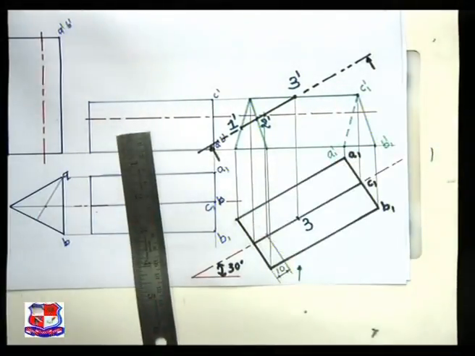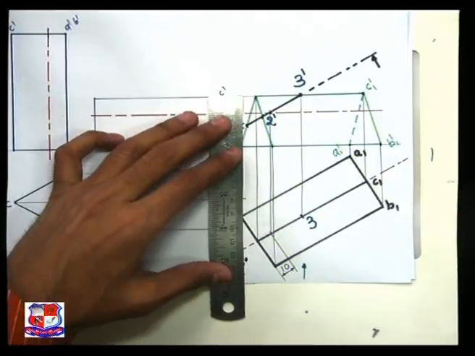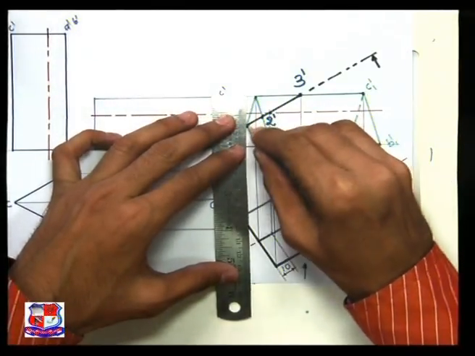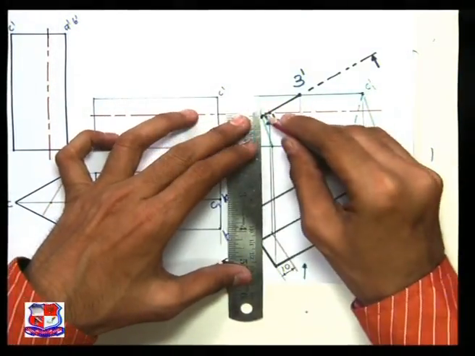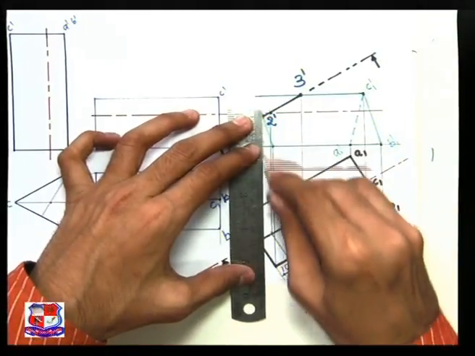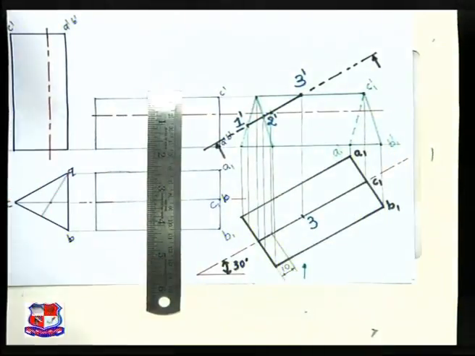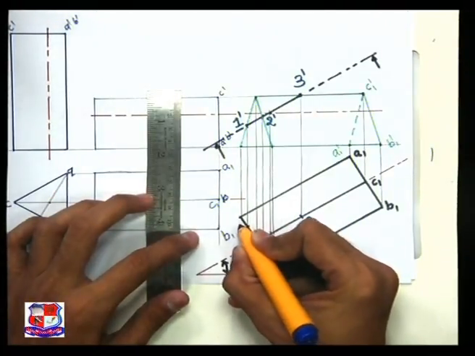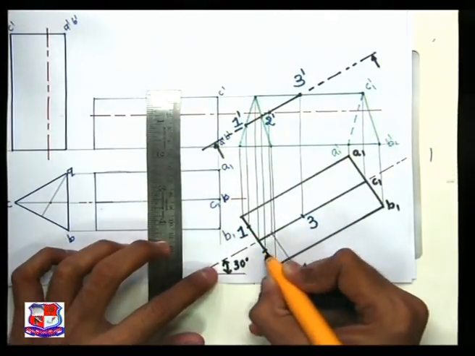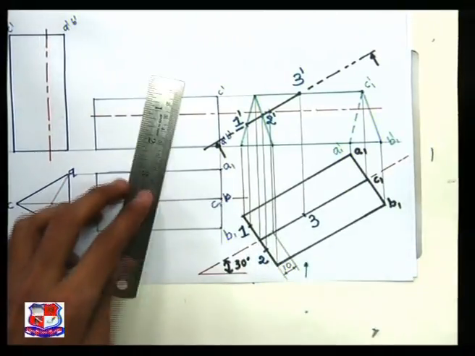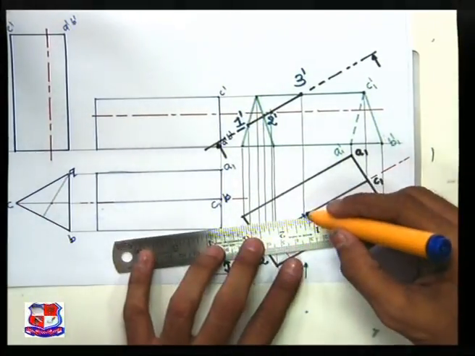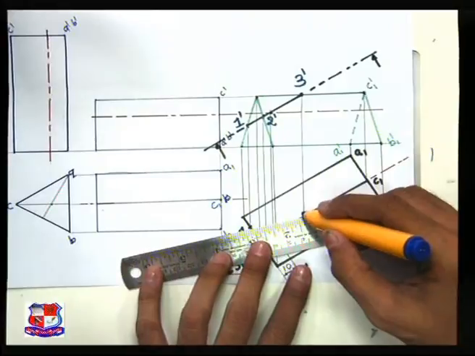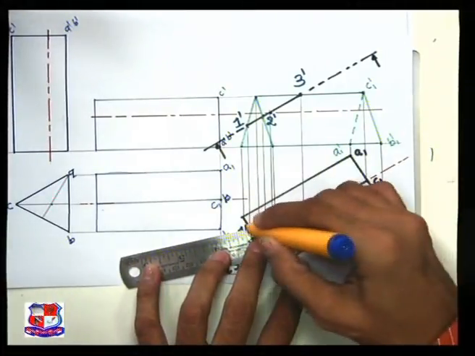Vertical line from point number 2 dash and 1 dash would be here. From 1 dash the point is here. From the vertical line from point 2 dash the point would be here. So locate both the points. Point number 1 is here, and point number 2 is here. Now join all these 3 points 1, 2, 3 with straight lines like this.